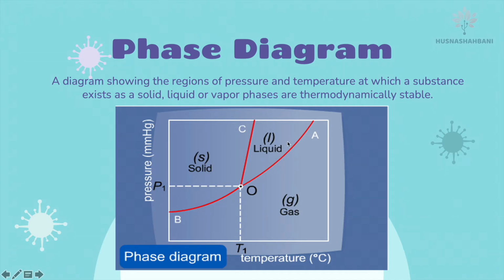So this line is the boundary between, for example, from O to A, liquid and gas; from O to C, solid and liquid; and from B to O, solid and gas. So this is the phase diagram.